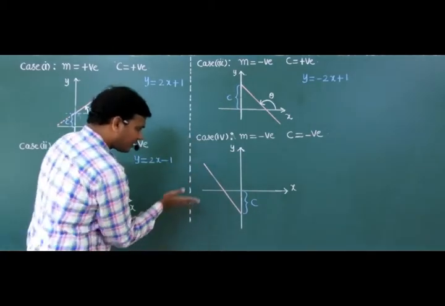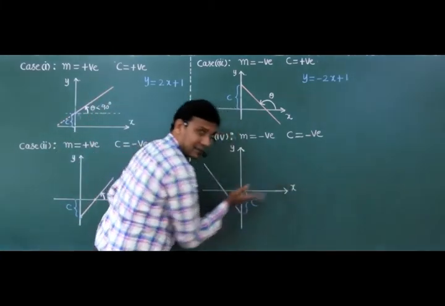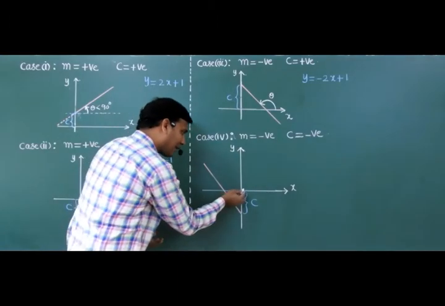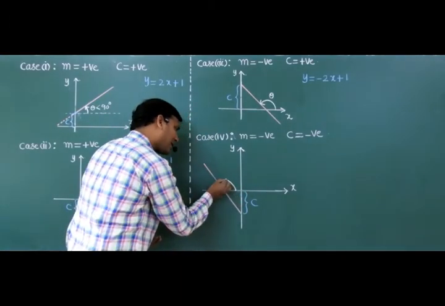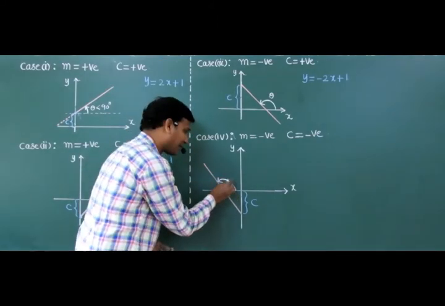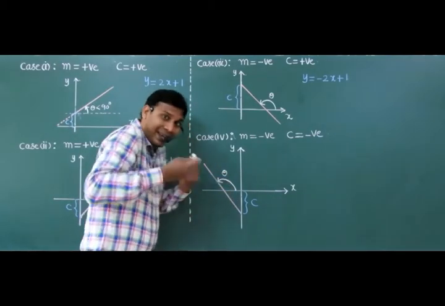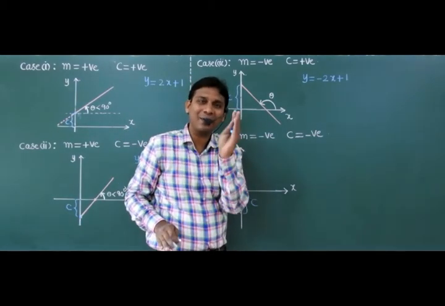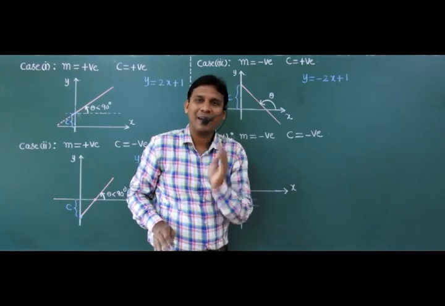Right. Then this is the positive x-axis. The angle made by this line with the positive x-axis is more than 90, less than 180. Then slope is negative, intercept is also negative.